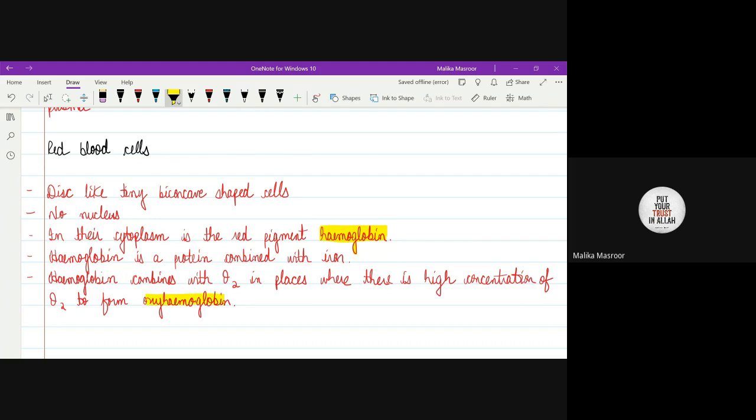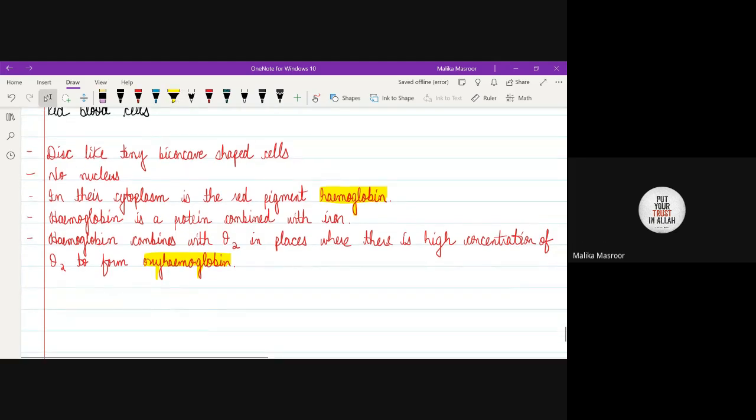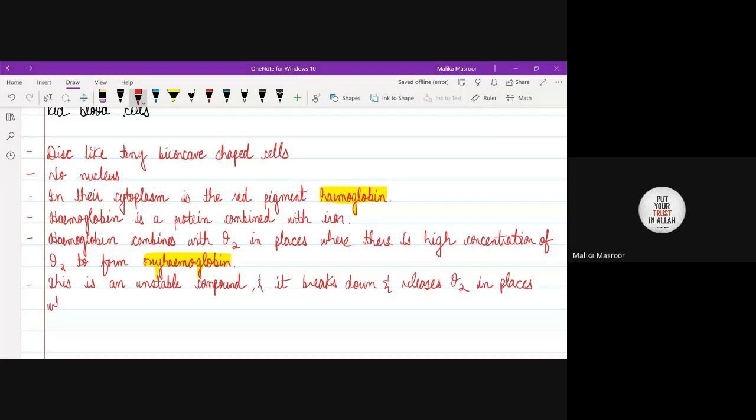This oxyhemoglobin is an unstable compound, and it breaks down and releases oxygen in places where oxygen concentration is low.